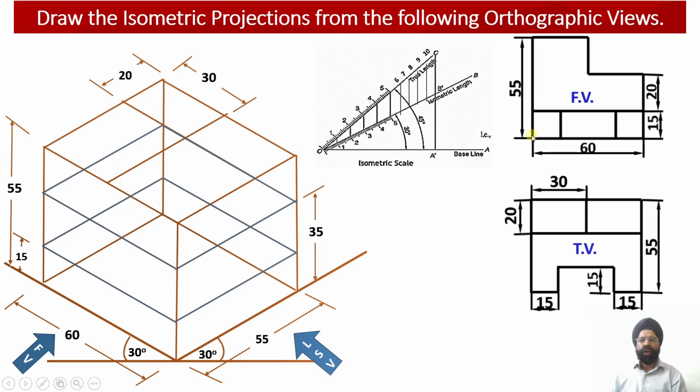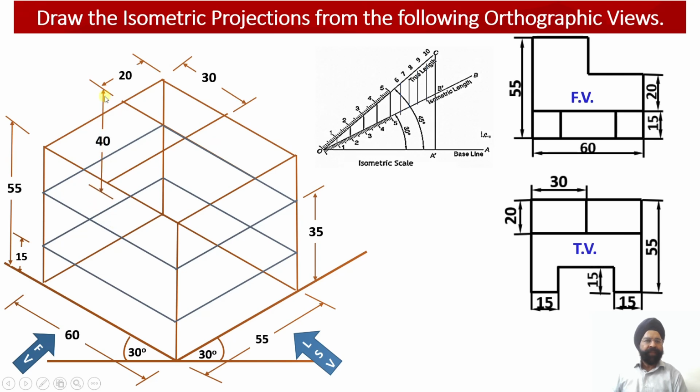The height of the horizontal web which was lying onto the base of the solid, so this is the horizontal web. The height of this horizontal web which is lying onto the base of the solid is equal to 15 millimeter. So from this point or from this corner, I need to move 40 millimeter downwards over here, so that this vertical edge can be obtained on the rear side of this particular solid.